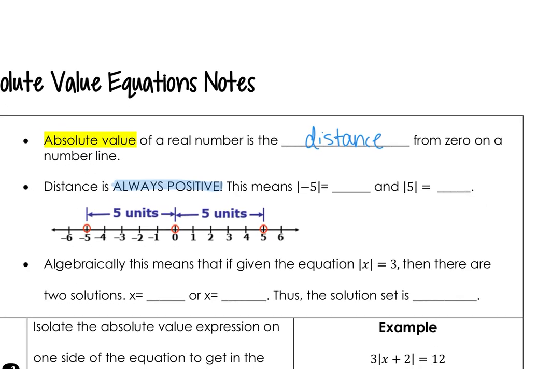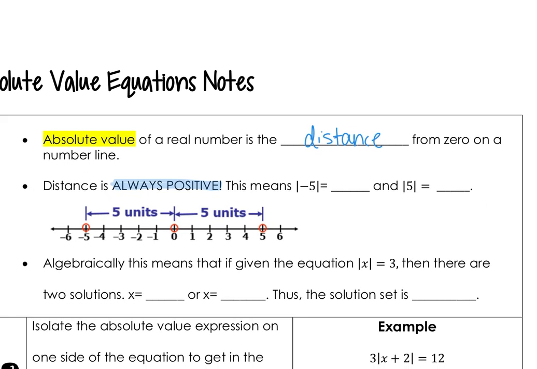So what this means about absolute value is that if I'm asked what the absolute value of -5 is, all they're asking is how far away is -5 from 0 on the number line. What's the distance between these two values? Well, the distance between -5 and 0 is just 5 units.